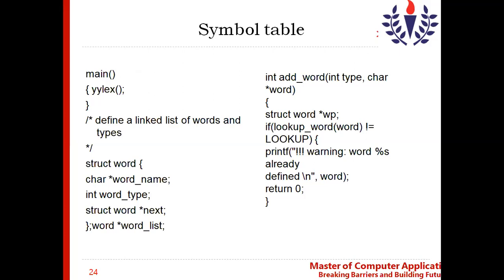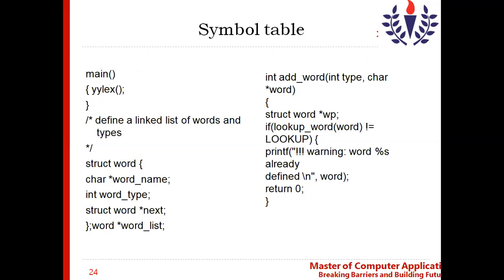So if you look at add word, add word is meant for adding the content into the linked list. So what's the content we are passing? One is type and another one is a word. So what we do, we start from the header record, then we keep adding the node in the linked list.